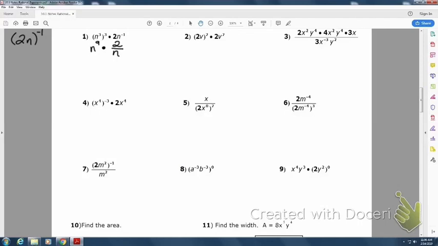Once I do that, I'm essentially multiplying 2 fractions. You can make that n to the 9th a fraction, and I'll just multiply straight across. So I've got 2n to the 9th over n.